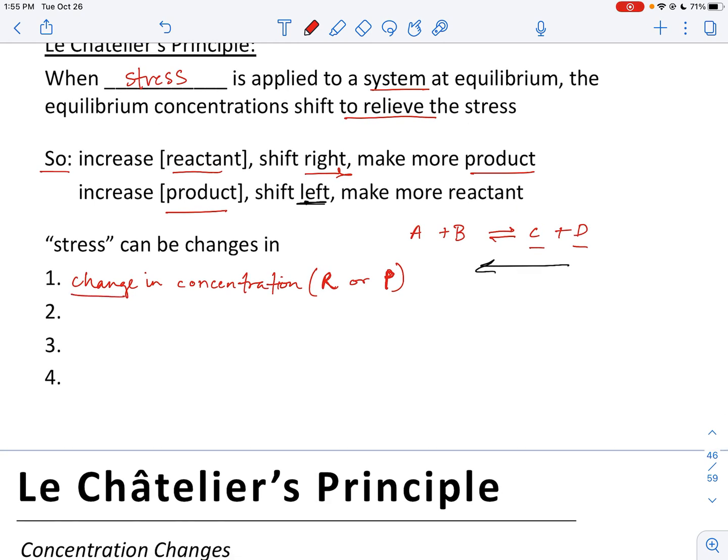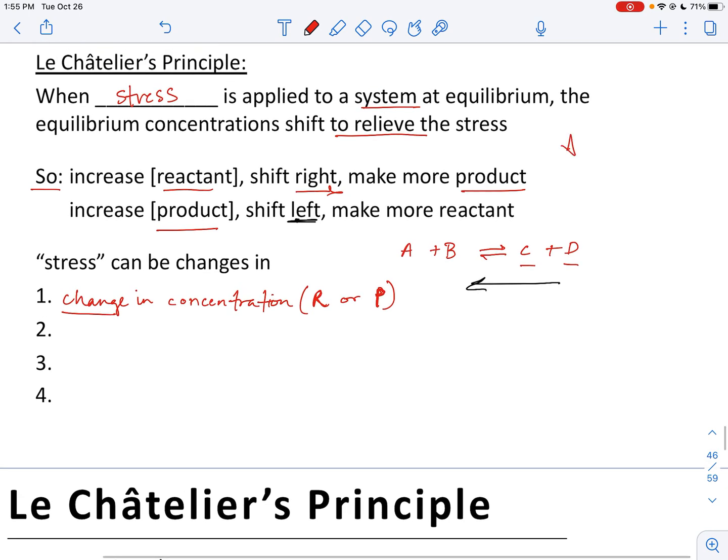And a change, by the way, let me make a note of this over here, change can mean an increase, or change can mean a decrease. Okay, so there's a lot of different changes that can happen here.